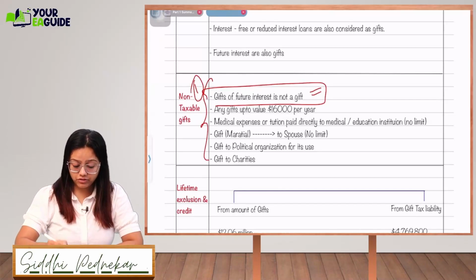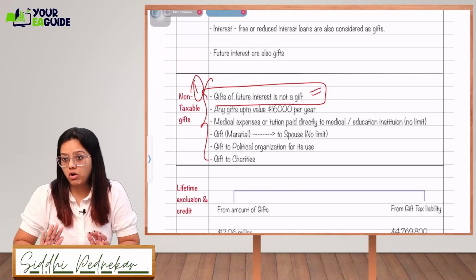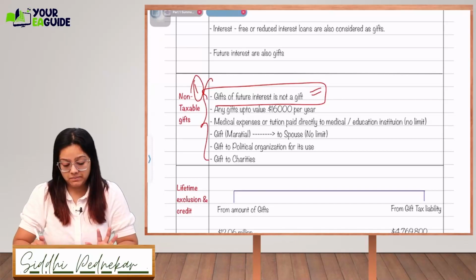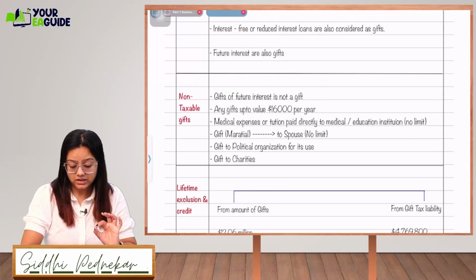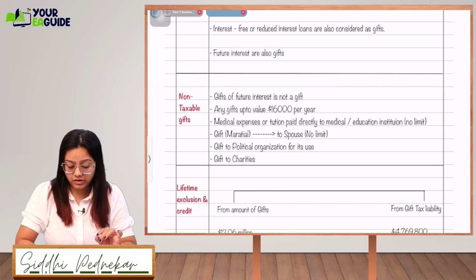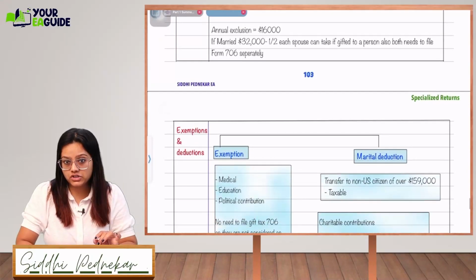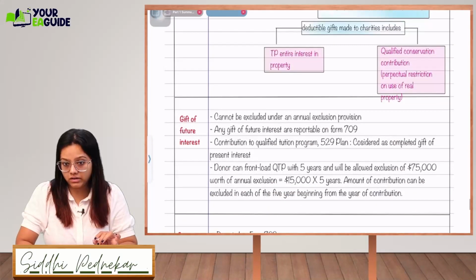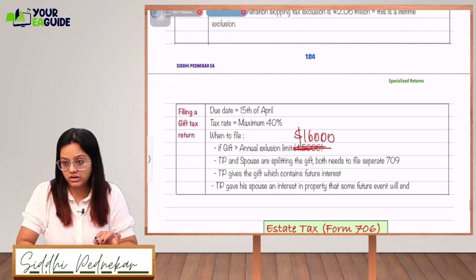Okay, gift up to the value of 16,000. This I am talking about specifically for people who have already bought the book previously. Just apply your logic. If it is already mentioned as 16,000 here, and on the next page, due to some typing error, it is mentioned as 15,000, you should understand that it should be 16,000.